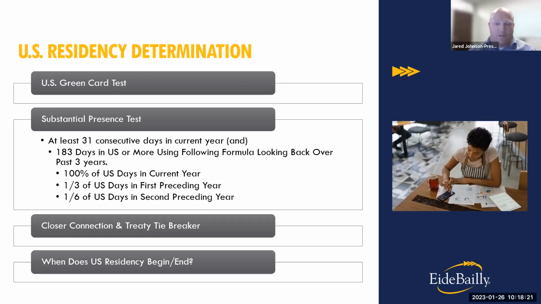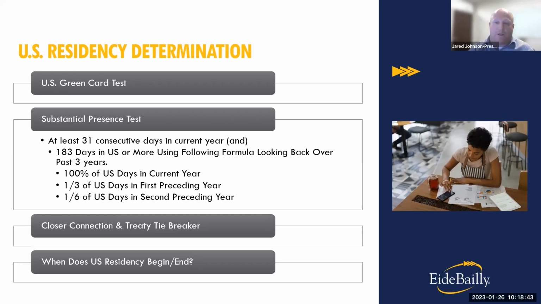You have to file a U.S. tax return. The U.S. taxes citizens on worldwide income, unlike most countries in the world. There might be a couple of countries that do residency based on citizenship.